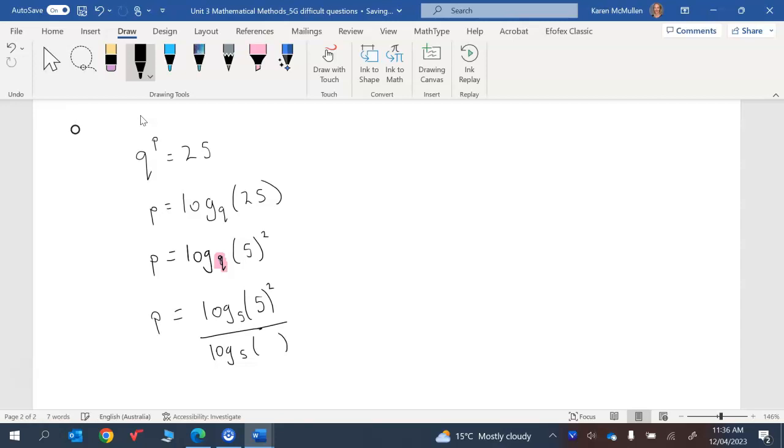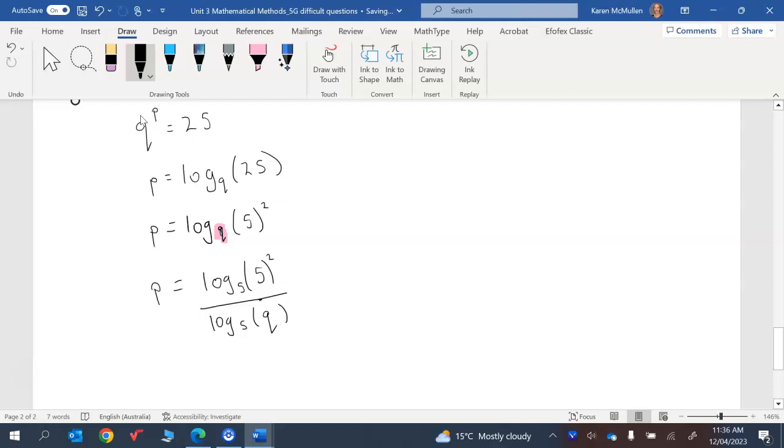I'm going to leave it like that. And then the q is on the bottom. All right, so then we've got base of 5 to the power of 5, they cancel out and we're just left with 2.